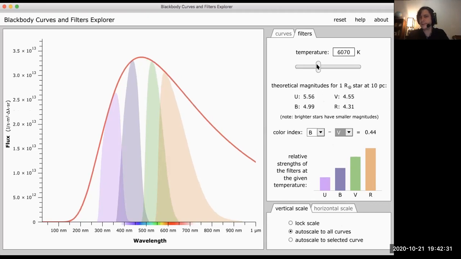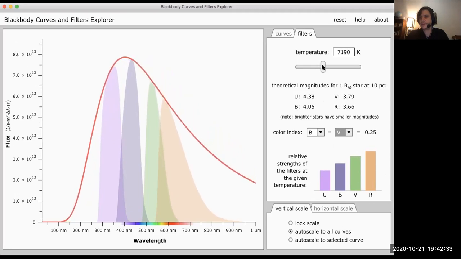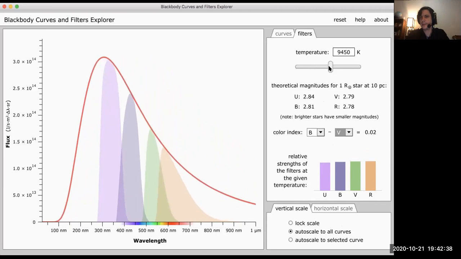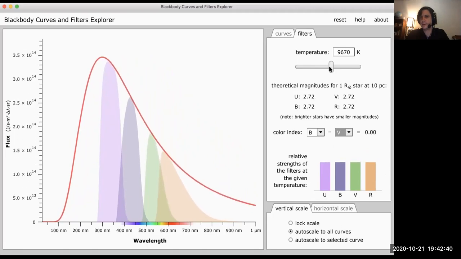I wonder what temperature that is. So I'm looking where U, B, V, and R magnitudes are all equal. There we go. So 2.72, 2.72, 2.72. They're all equal. This corresponds to a star with a surface temperature of 9,670.